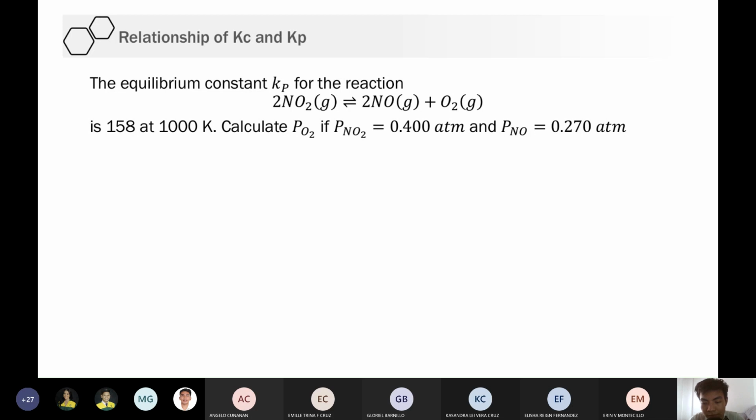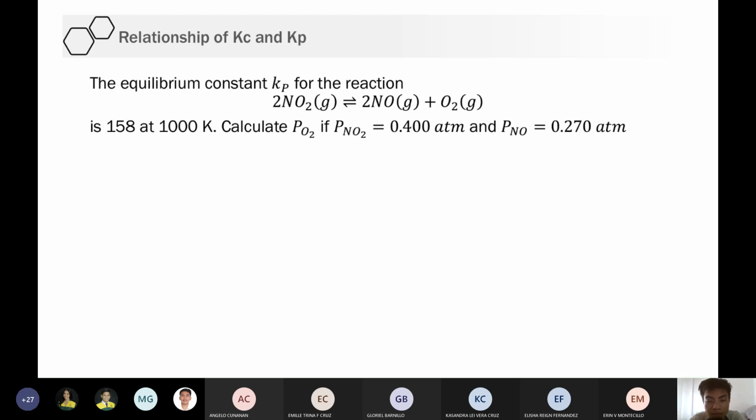Okay, so let's have this second problem. The equilibrium constant for the reaction, ayan, is 158 at 1000 Kelvin. Calculate the pressure of oxygen if the pressure of nitrogen dioxide is 0.4 atm and the pressure of nitrous oxide is 0.27 atm.